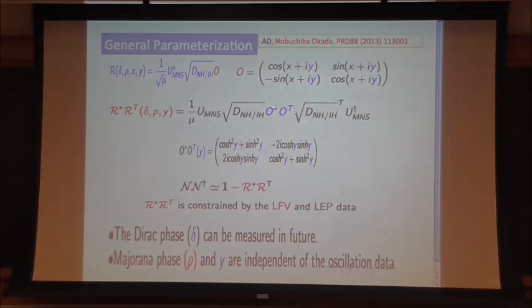So if we calculate this O star O, then it becomes a function of y, not of x, because x and y are all general parameters. And similarly, this R and R star R transpose are functions of the Dirac phase and the Majorana phase and the unknown y parameter.